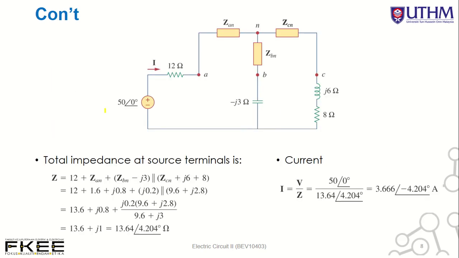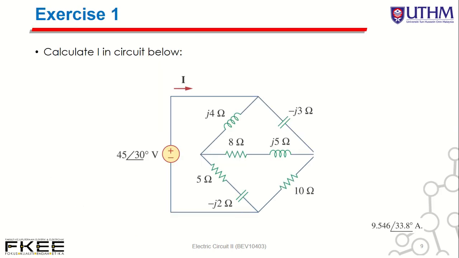So then you can determine total impedance, which is 12 in series with ZAN, and then plus parallel this one, parallel with this one. Okay, then you can solve for Z, and then you can determine current, because current equal to V divided by total Z, and then you will get this current. Okay. That's the application of delta Y transformation.